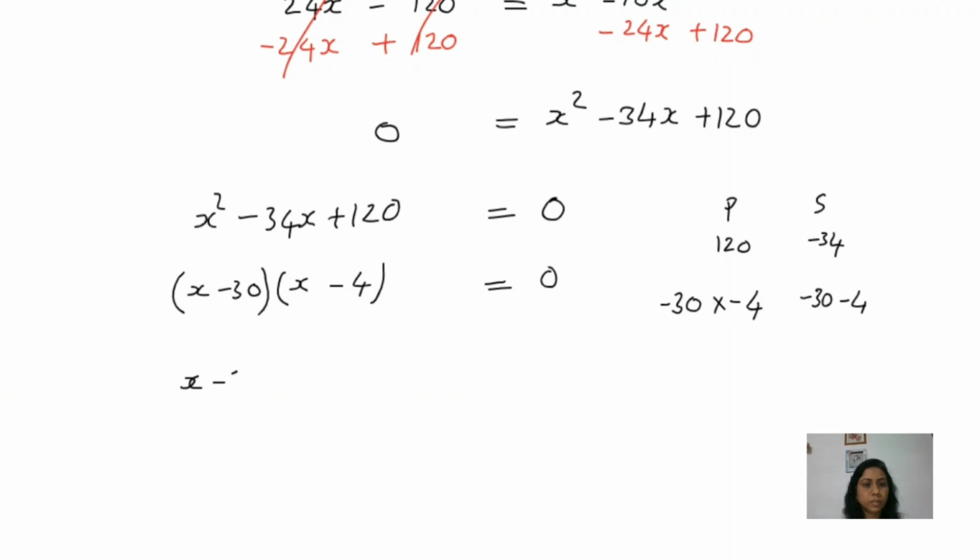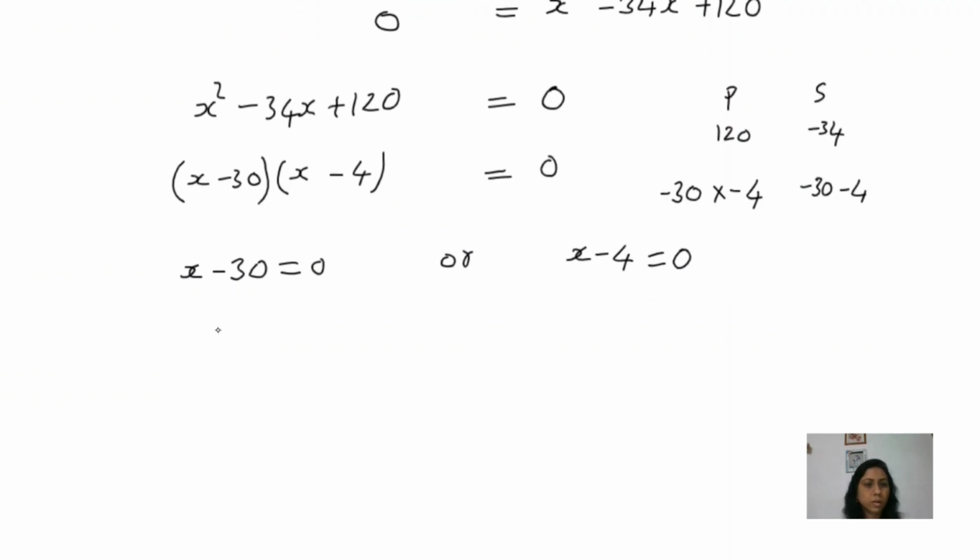So x minus 30 is equal to 0, or x minus 4 is equal to 0. What is the x value? 30 goes to the right side, so it will be positive. Here 4 goes to the right side, so it will be positive. So we got x is equal to 30 and x is equal to 4.